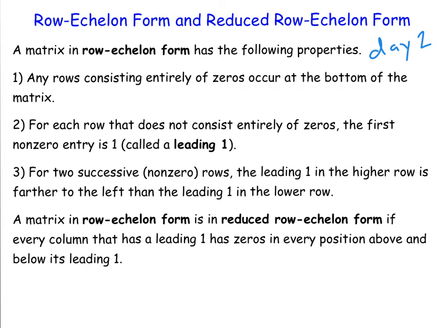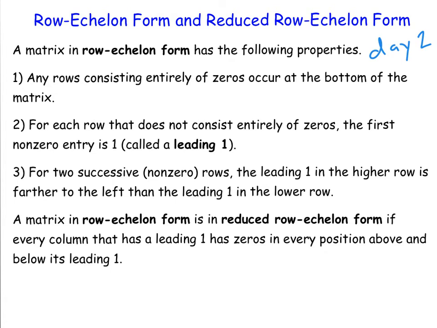Okay, so a few things that we're looking for to say that we're in row echelon form. If we have a row of all zeros, it's got to be at the bottom. For each row that's not all zeros, the first non-zero entry needs to be a 1. We call those leading ones.